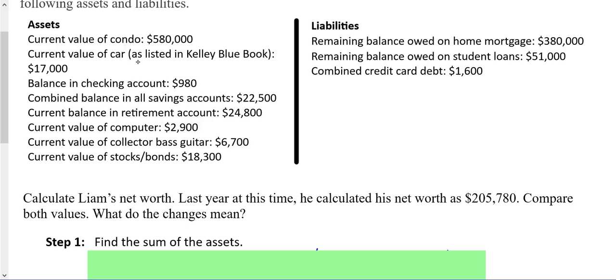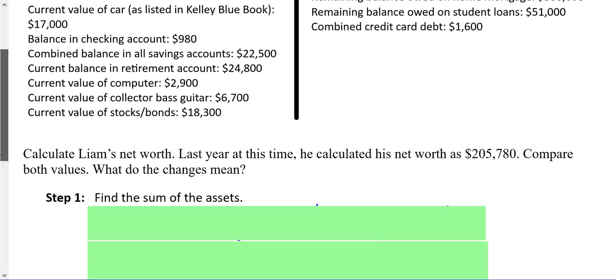The liabilities would be the amount he owes on his mortgage. So, for example, if you look at the asset of the condo, it's $580,000, but he still owes $380,000 on the mortgage. So he's only got part of the value. Student loans he owes and credit card debts would also go under liabilities.